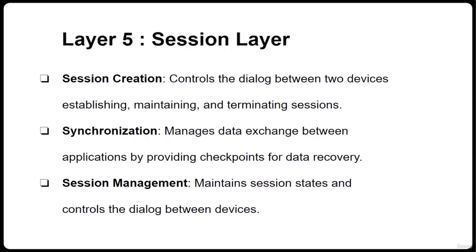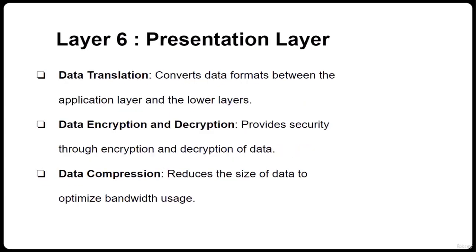OSI Layer 5 is the session layer. This is where we can create and terminate sessions for our users to communicate with applications. OSI Layer 6 is the presentation layer. This is where we convert all of our different data packets into formats that are readable by our end users' devices.